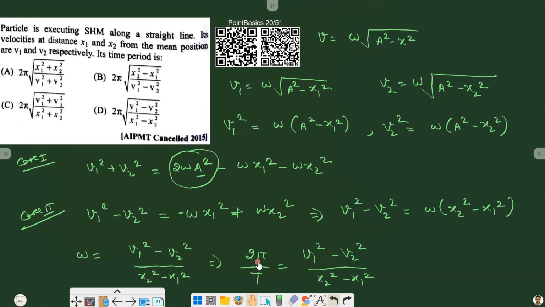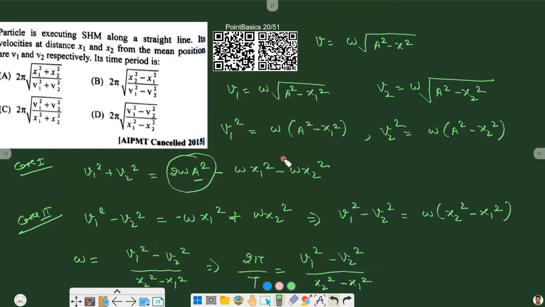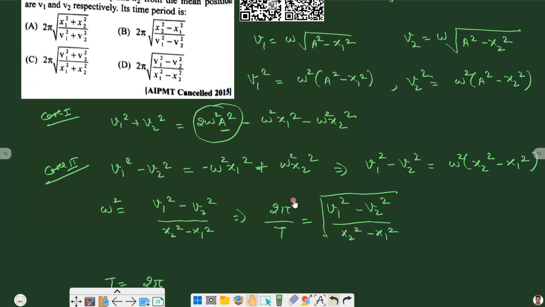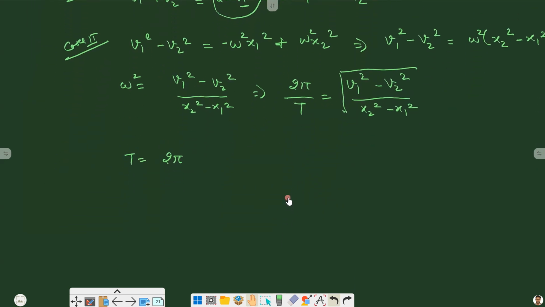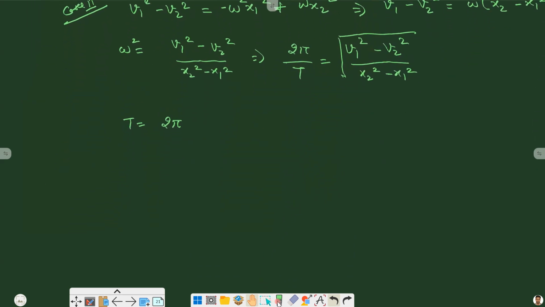Okay, we made a silly mistake here: when we squared, omega also gets squared, so it is omega square. So we will take the square root of this.